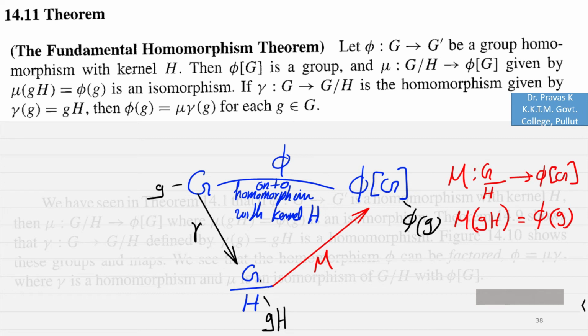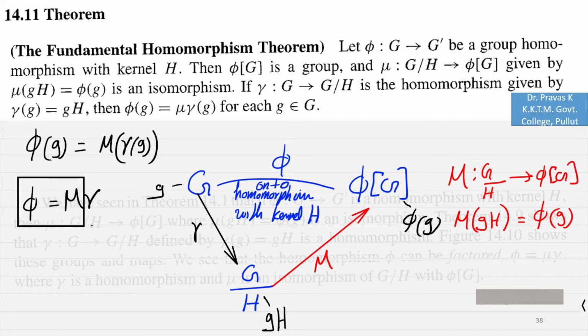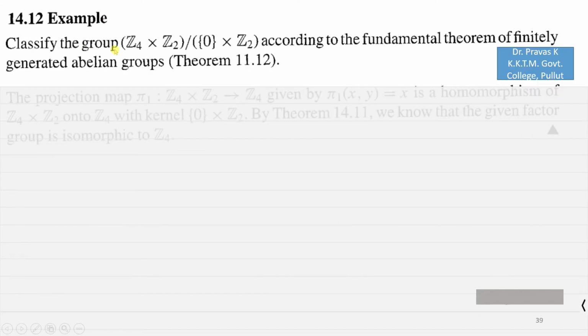That is, you can obtain phi of g by applying gamma on g and then mu on gamma of g. That is, phi is equal to mu gamma, and this is called the fundamental homomorphism theorem. Now using this theorem, it is possible to classify the group Z4 cross Z2 over 0 cross Z2 with the help of the fundamental theorem of finitely generated abelian groups.